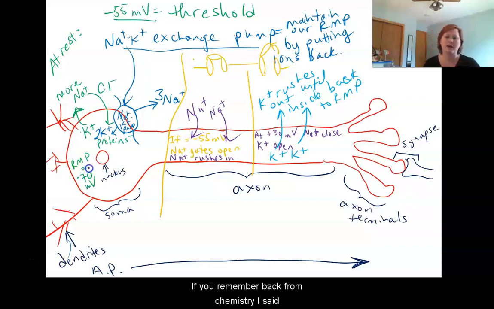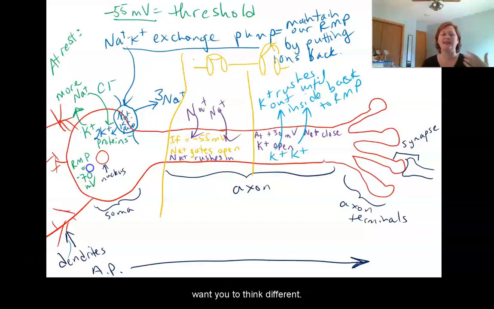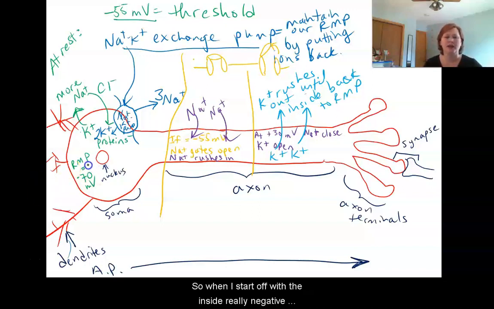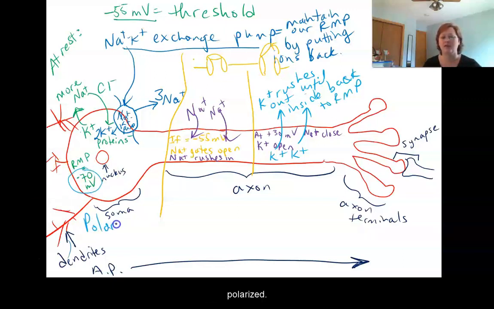Now, if you remember back from chemistry, I said when you hear the word polar or polarity or polarization, I want you to think difference. So when I start off with the inside really negative compared to the outside, we say that the membrane is polarized.